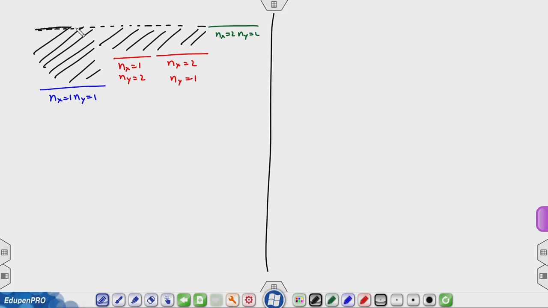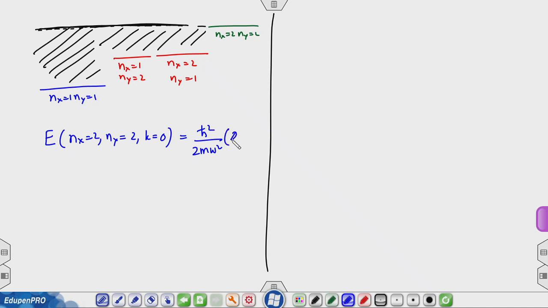So, the top energy that is filled is equal to the n x equals 2, n y equals 2 energy. So, E for n x equals 2, n y equals 2 and k equals 0 is going to be h cross square over 2 m w square times 2 square plus 2 square, that is 8. So, that is equal to 8, and there is a pi square also, h cross square pi square over 2 m w square. I got to fill energy up to that level.